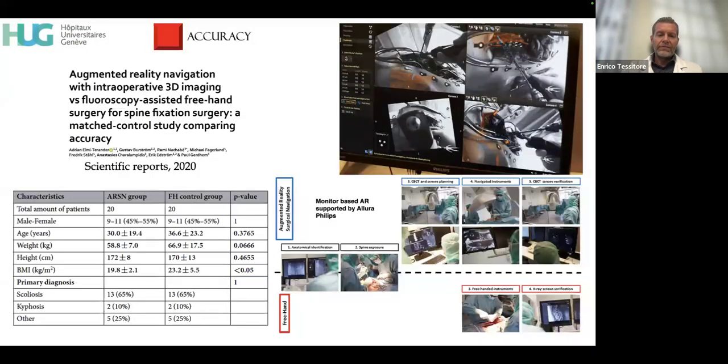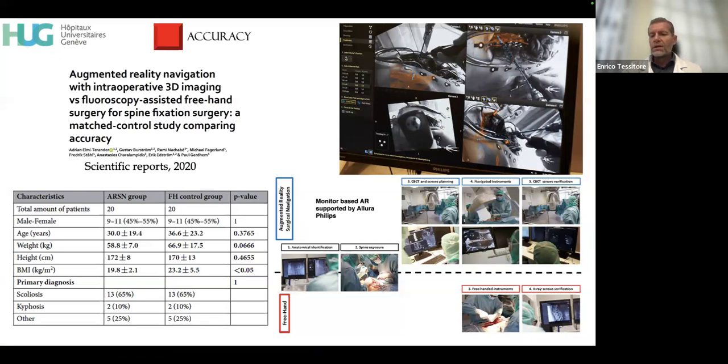So at the level of degenerative spine, when it comes to accuracy for screw placement, here there is a study from the same group of Terander comparing augmented reality navigation, a monitor-based augmented reality navigation supported by Philips Allura, to the free-hand technology.